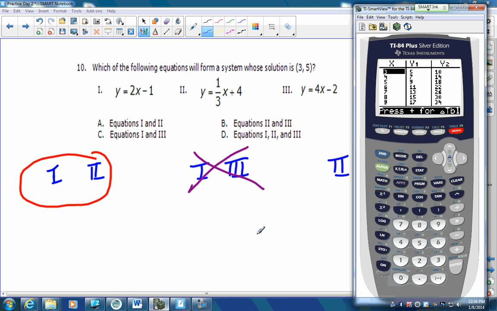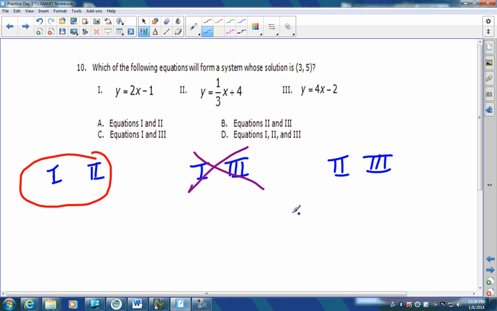I don't think that one will. Yeah, I think it's just 1 and 2. What about you guys? Did you get 1 and 2? Because 2 and 3, nope, that doesn't work. So the answer should just be 1 and 2, which is answer A.